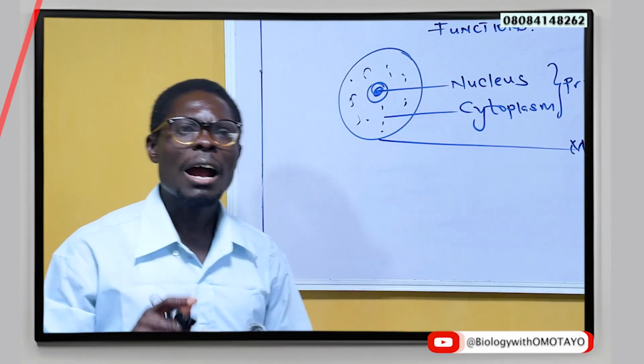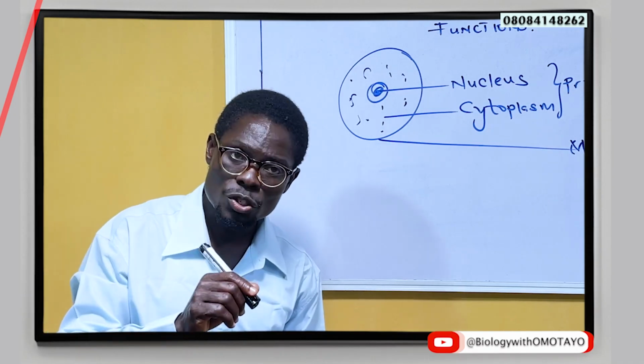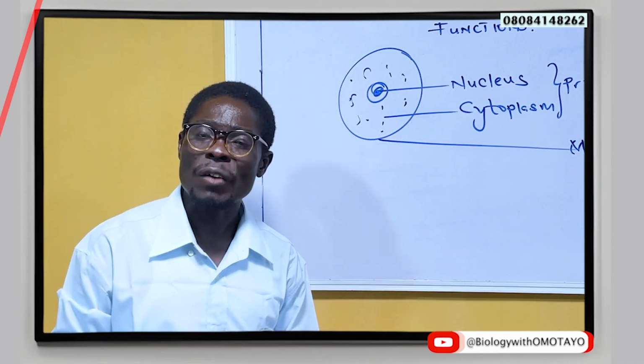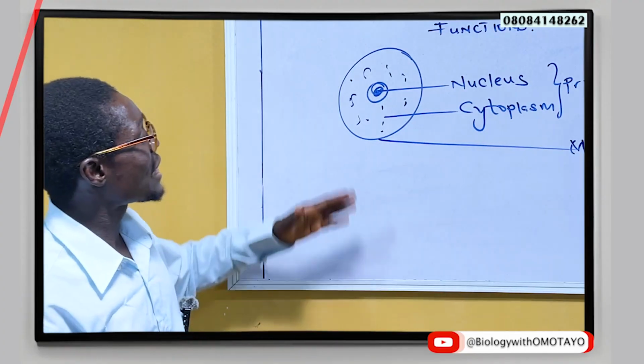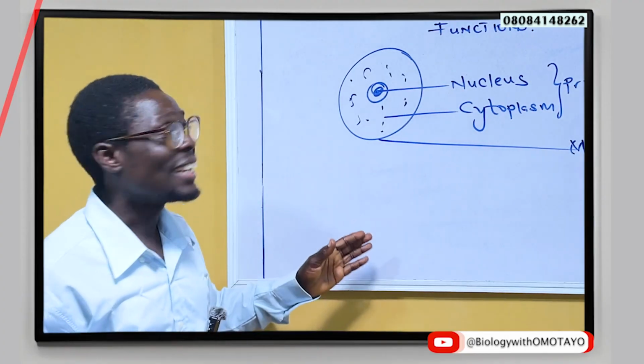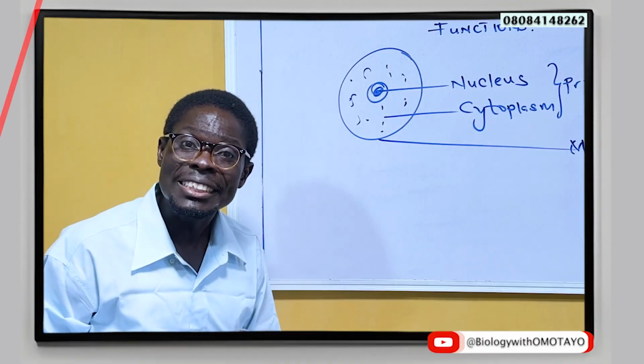Now, cells that have a defined nucleus in them are referred to as eukaryotic cells. So, for example, what I'm having here is the diagram of a eukaryotic cell.